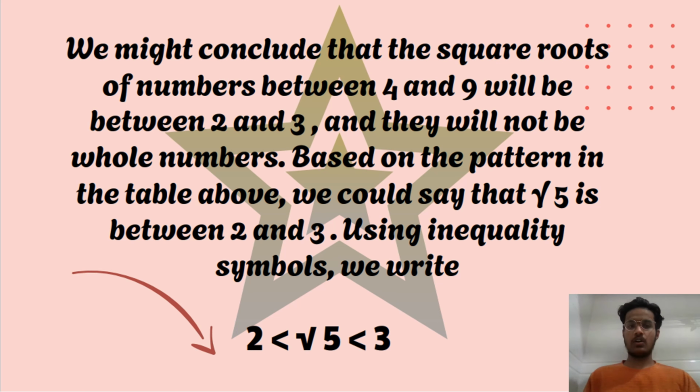That is, the square roots of numbers between 4 and 9 will be between 2 and 3 and they will not be whole numbers, based on this pattern in the table above. We could say that the square root of 5 is between 2 and 3. Using inequality symbols, we can write like this: 2 is less than square root of 5, and less than 3.